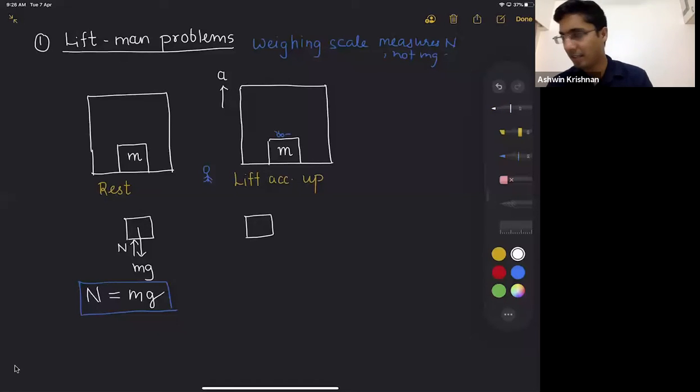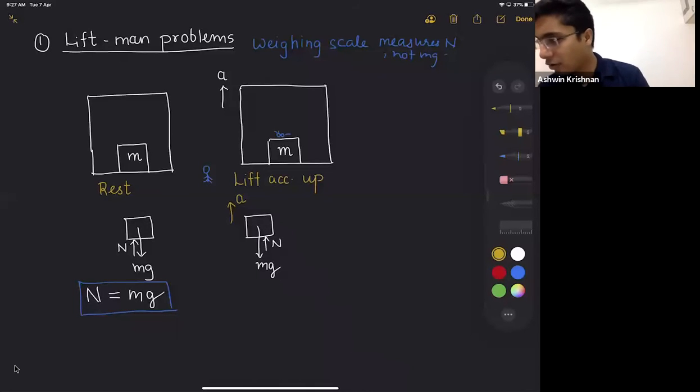That person sees that there is a weight, there is N, and the entire mass is accelerating up by an acceleration a.